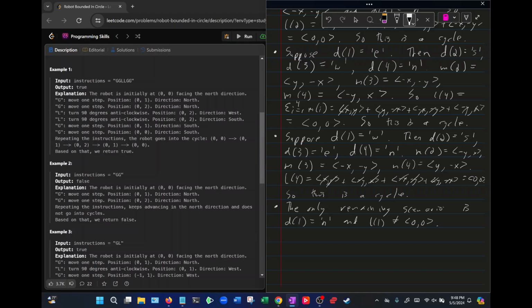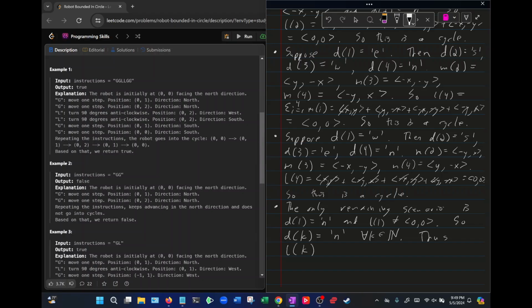Okay. So D1 is north. So after running through the instructions, we don't change direction at all. So that means that dk is going to be north for any natural number k, because we're never going to change direction. Thus, what is the location after going through the instructions k times? Well, after going through the instructions once, we end up at x, y.